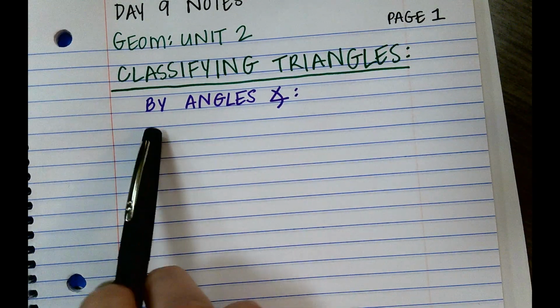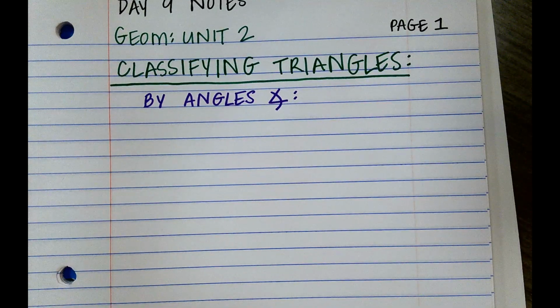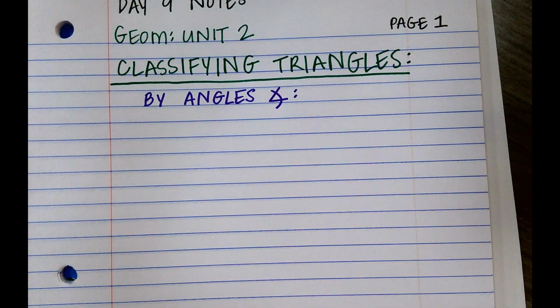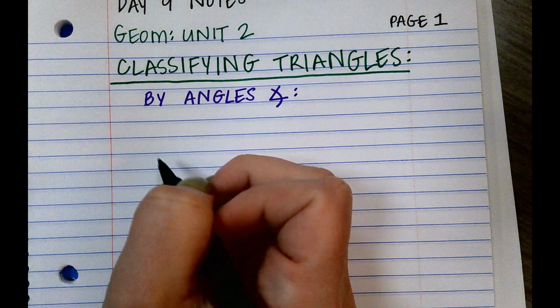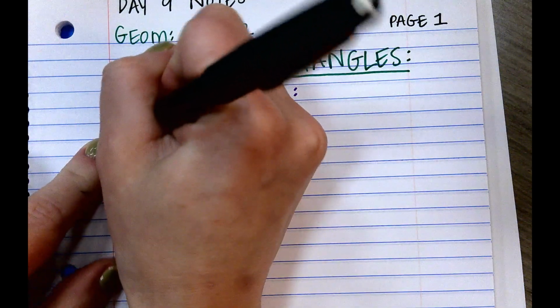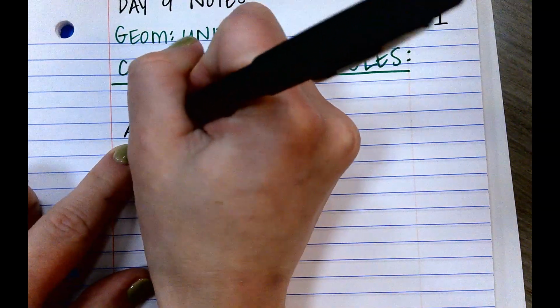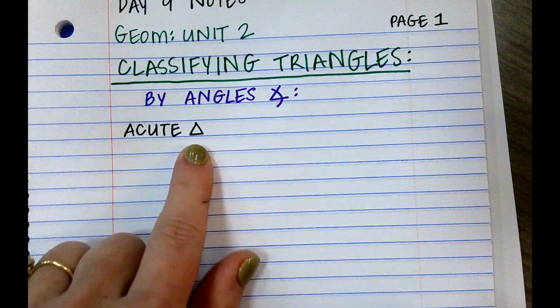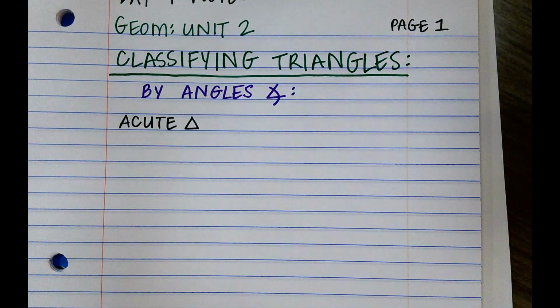And there are going to be 3 types of triangles that we can classify by angles. So I'm going to start with the first type, which is an acute triangle.